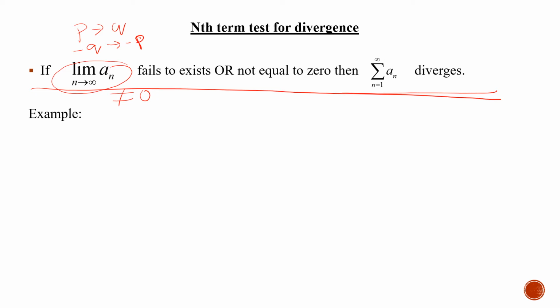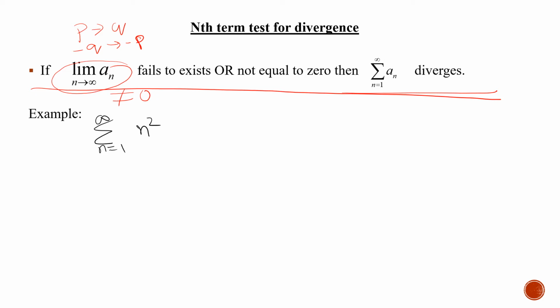So let us take some examples. If I ask you to tell me the convergence or divergence of this series, this theorem is very useful for proving the divergence of any series.